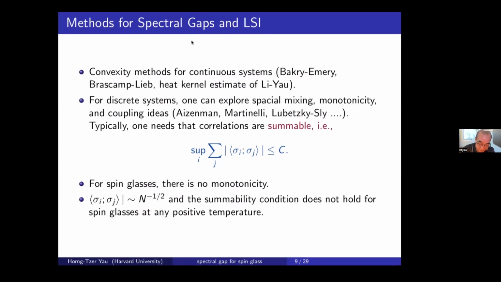I tried a little bit and it just didn't work. Now I realize it's because the spin glass is very different from the standard Ising type model: Ising type models at high temperature typically have exponential decay, but here the decay is n to the minus 1/2. That is very serious, because if you sum over j of n to the minus 1/2, it becomes square root n, and once you get square root n, nothing will work. I only understood this much later.